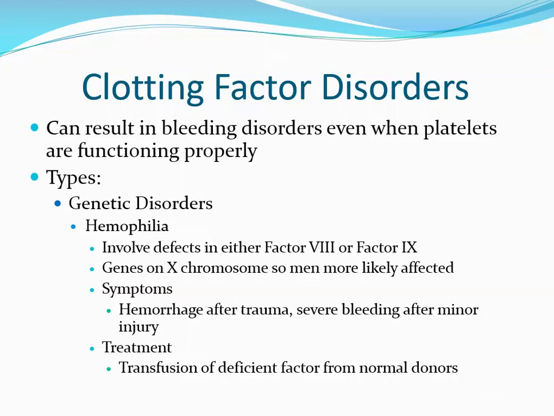This is why males are affected more frequently than females. They only need to inherit one defective gene, whereas women need to inherit 2 copies. Symptoms include hemorrhaging after minor trauma, severe bleeding even after minor injuries, bleeding into the joints, resulting in fusion of the bones over time. Treatment, again, would be transfusion of the deficient clotting factors from normal donors.